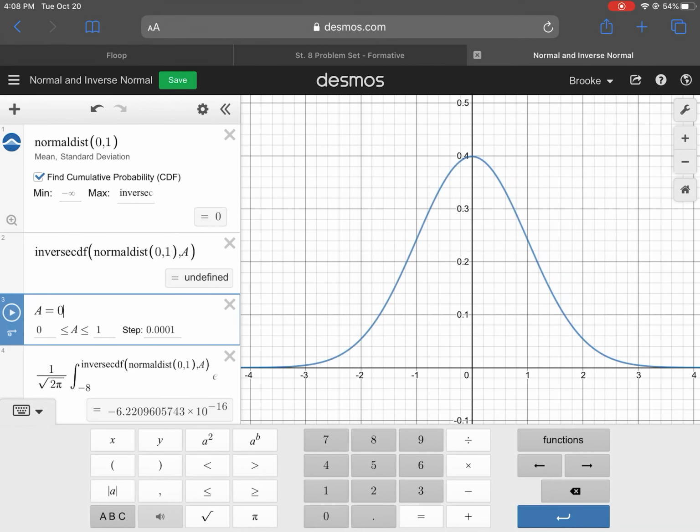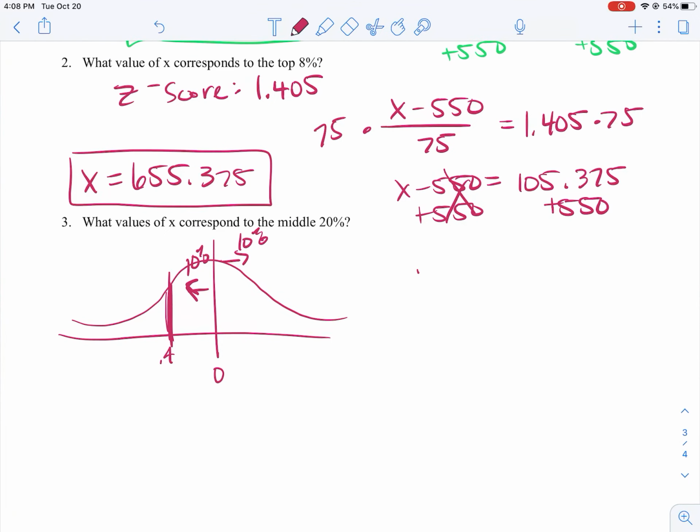So when I type in 0.4, I get, okay, so my formula is going to be, actually let's do it this way. My z-scores, because I have 2, are going to be the negative version of this and the positive version of this.